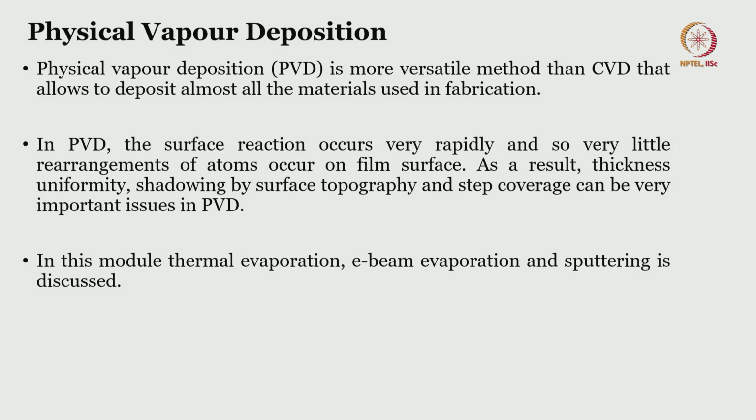In the case of PVD, the surface reaction occurs very rapidly, and so very little rearrangement of atoms occurs on the film surface. I will show you by drawing it in the next slide what exactly this statement means, but you need to understand that the reaction is very rapid, leaving very little time for rearrangement of atoms on the film surface.